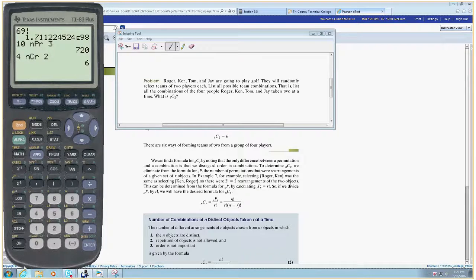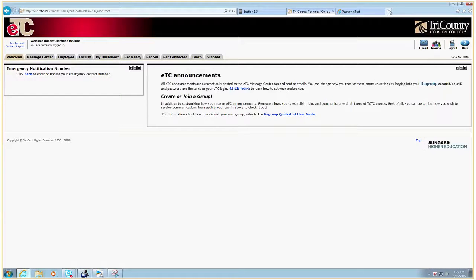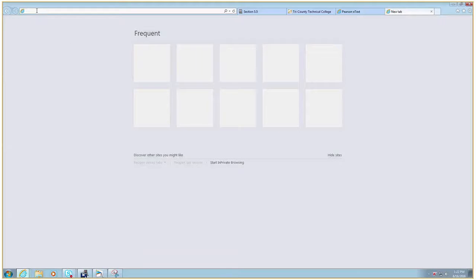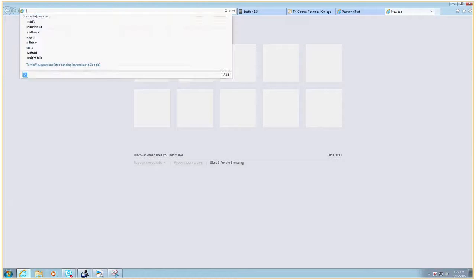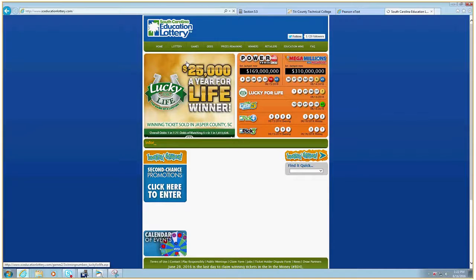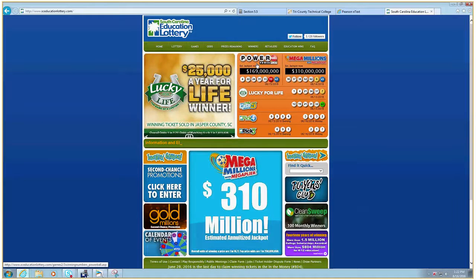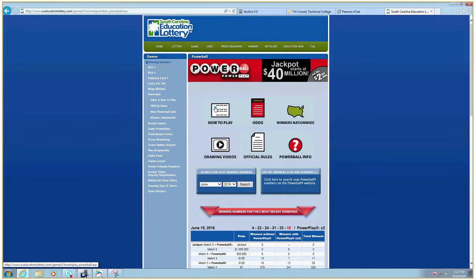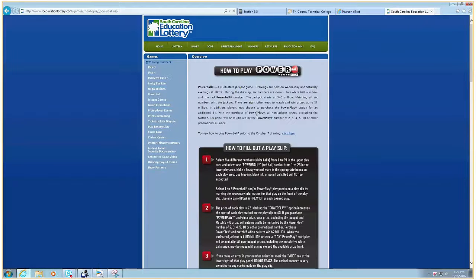All right, now let's look at the lottery. So we're going to take our handy dandy internet and pull up sclottery.com, something like that. Or is it South Carolina Lottery? Yeah, there it is. And let's look up the Powerball and how to play.